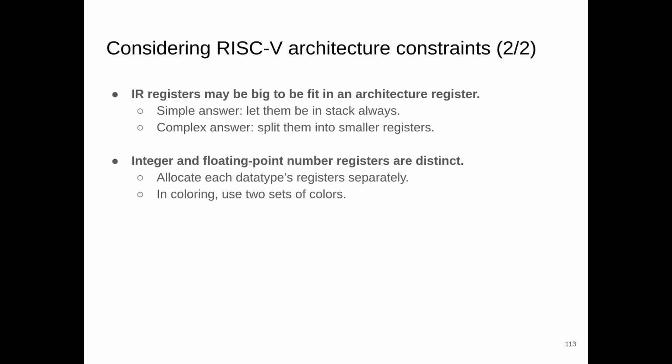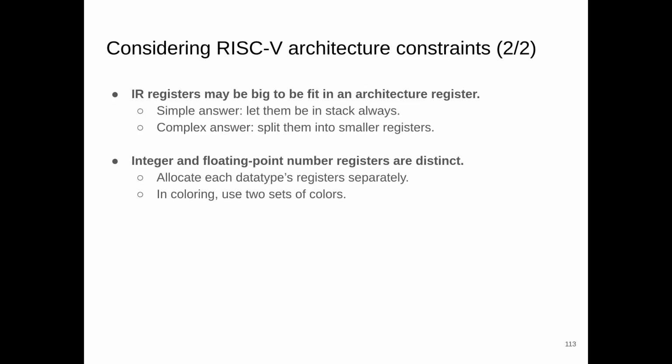But there can be a more complex answer, which is basically dividing a big struct into multiple smaller registers. So if you have an array of 100 integers, then you can just split them into 100 integer registers.